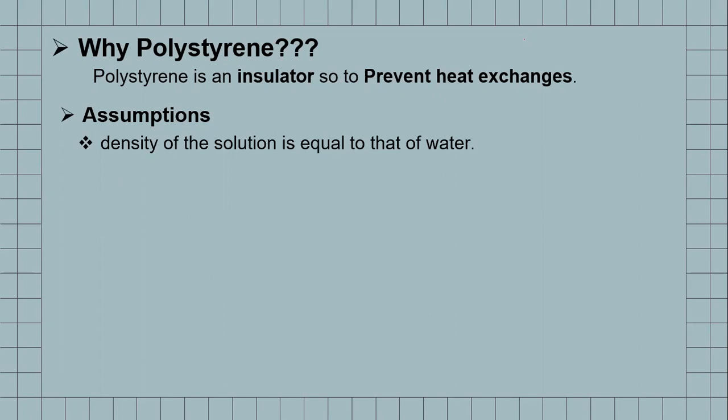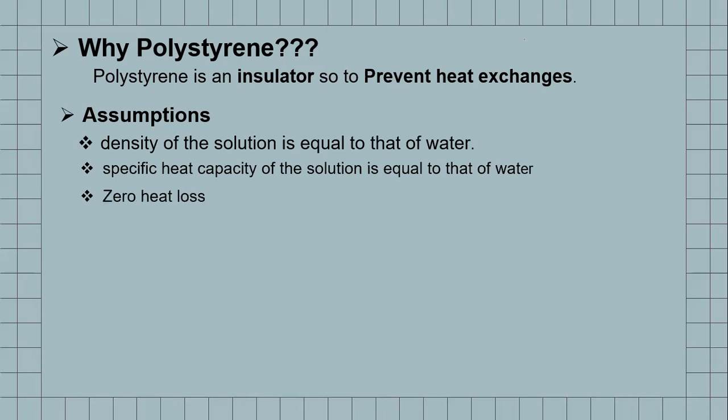Earlier, when we measured the temperature of hydrochloric acid and sodium hydroxide, most of the time, both are at room temperature. But if you see any temperature difference, you can take the mean value of both temperatures. And the second assumption, the specific heat capacity of the solution is equal to that of water. And the third one, there is zero heat loss, right?